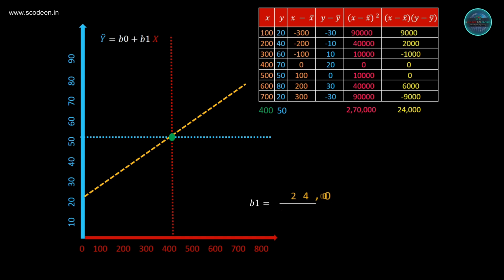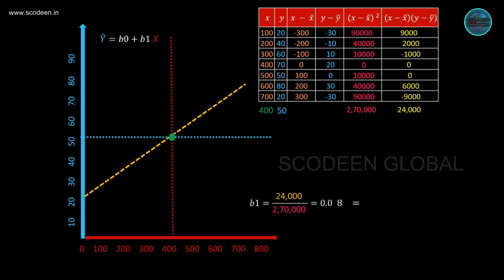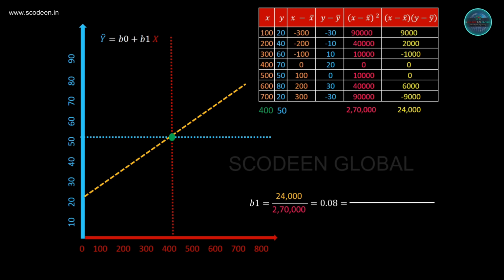We can derive it by using the equation here. Always remember, the summation of x minus x bar whole square will be in the denominator, and the summation of x minus x bar into y minus y bar will be in the numerator. This is an important point.